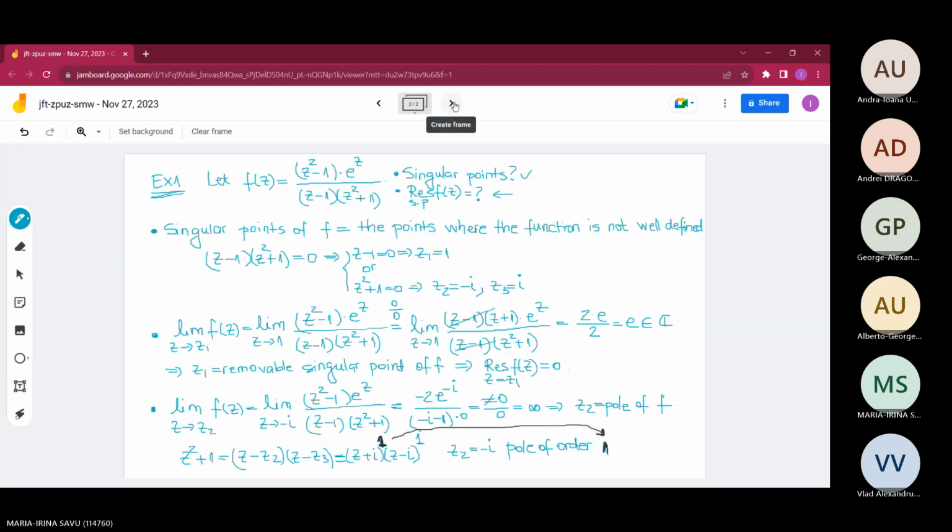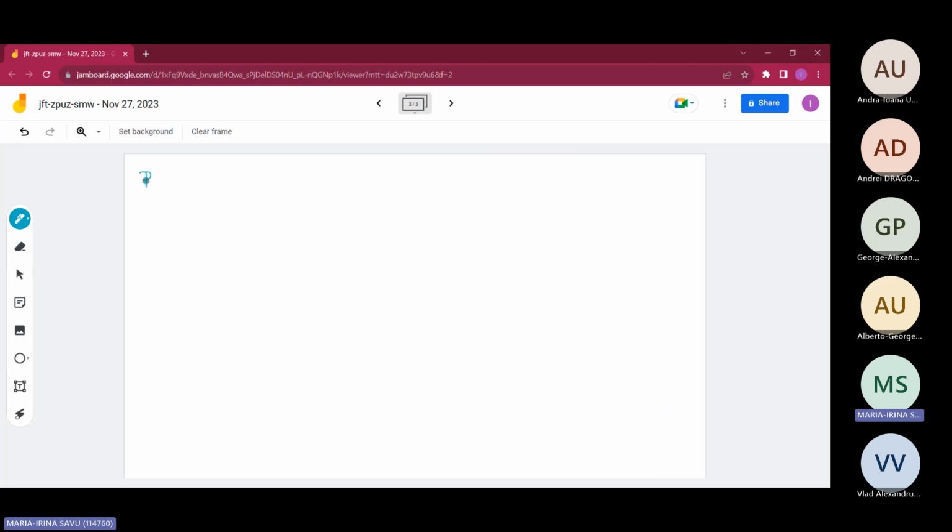So I have that the residue of this function f of z in z equals z2 is equal to 1 over 1 minus 1 factorial times the limit when z goes to z2, because z2 is that a from the formula, of z minus z2 to the power 1 times the function f of z, and you have to compute the derivative of order 1 minus 1, which is actually the derivative of order 0.